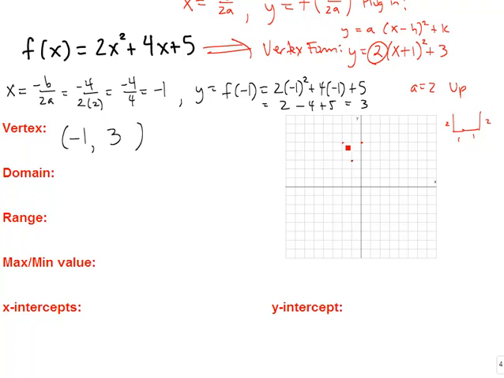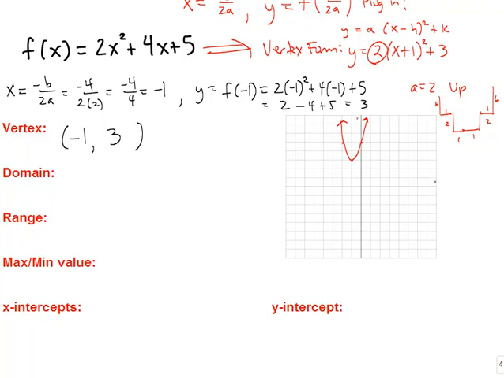If we wanted some additional side points, we'd go over 1, up 3 times a. 3 times 2 is 6. If I did that on my graph here, that's going to put me way off my graph. So I'm not going to show any more additional points because my grid isn't quite big enough. But you could do that if you had a larger grid. 3 points is enough to get an idea of what this parabola looks like. So there's my graph.